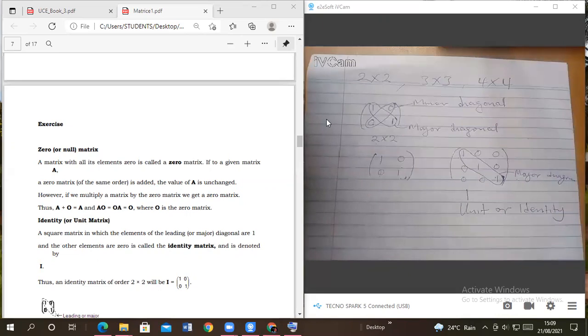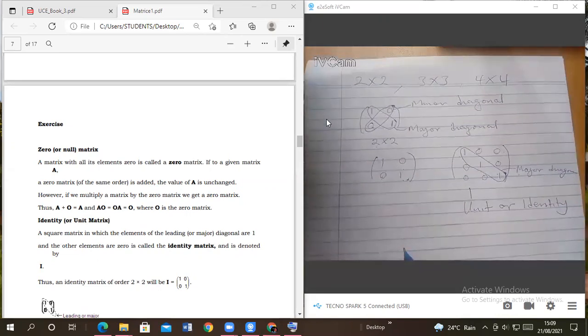Is that clear? Teacher, I have a question. You ask. So, is it a must that it has to be one, or can other numbers be put there? No. The answer is you must have ones, a 1, a 1, a 1 in the major diagonal, not any other number, not any other digit.